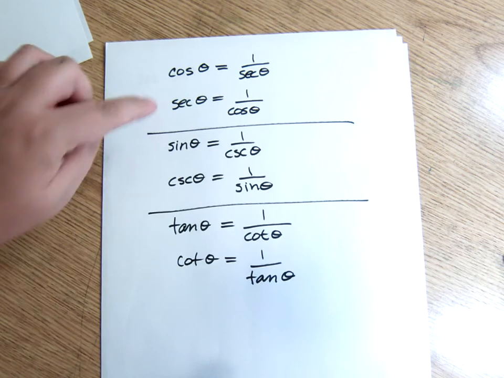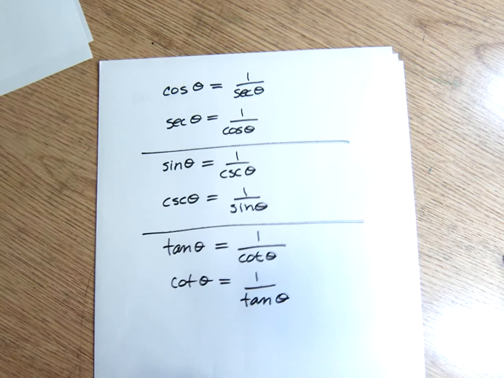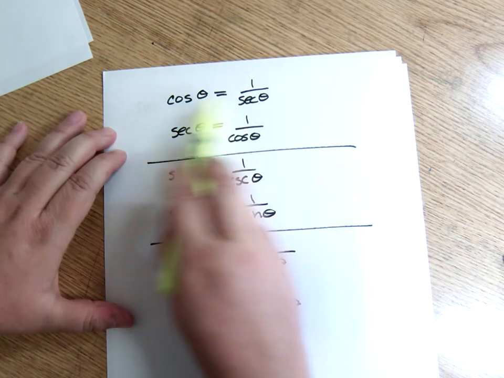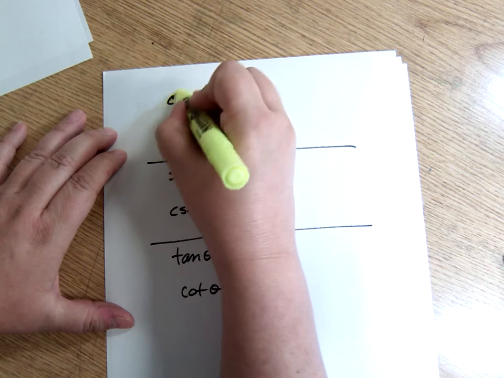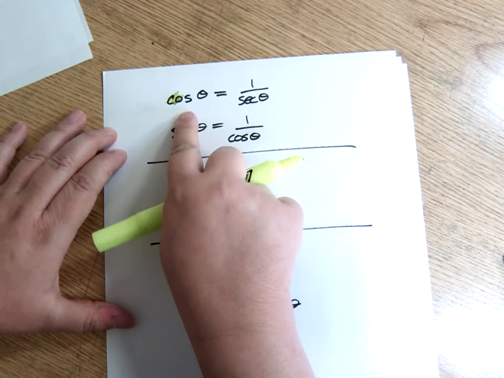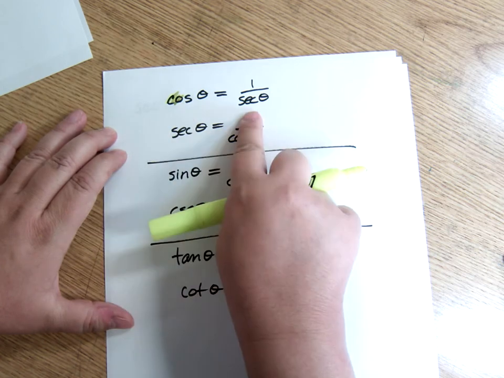As far as secant and cosecant and sine and cosine, in terms of which ones are reciprocals of each other, to me, I just think of it as each pair that goes together has one that has co. So cosine would not go with cosecant because that's two cos.